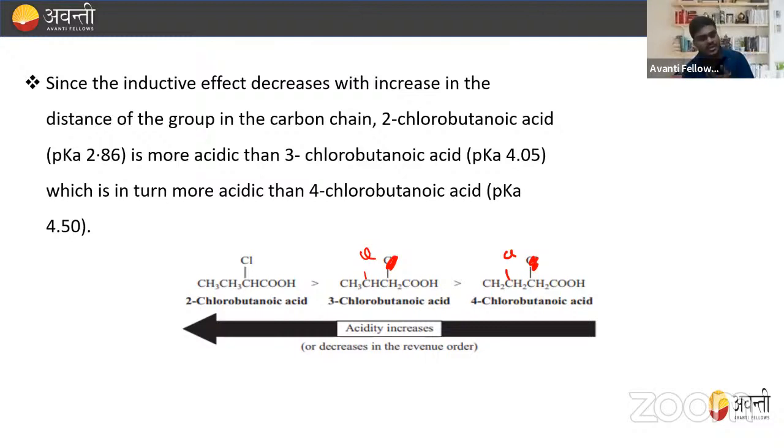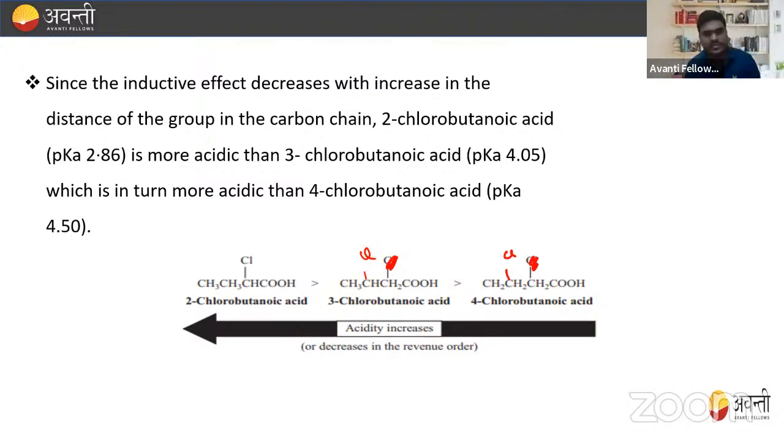So the acidic value is increasing, right? Or we can say there is a decrease in the I effect. So as the distance increases, the I effect will start decreasing. So this is how we get this.